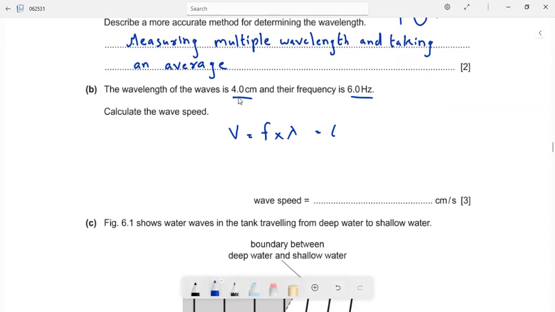That is, frequency is 6 hertz and wavelength is 4 centimeter. So the speed can be written as 24 centimeter per second, that is, hertz times centimeter, which is centimeter per second.